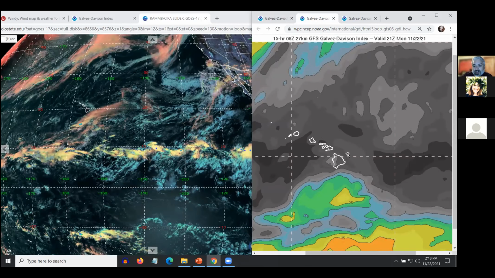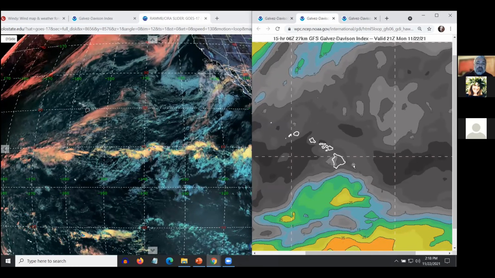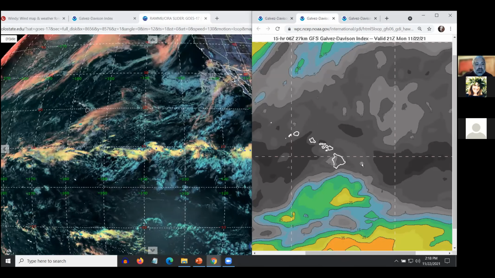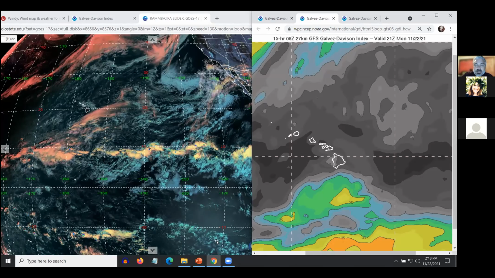You can see this area suggesting that you might have some trade wind convection, but the fact that the values of the GDI are really low suggests that you shouldn't worry much about it. You're going to get a couple of drops out of it, but it is capturing these features as well. So even in the dry season, the GDI is often good to capture this variability in trade wind convection. All right. Let me go back to the presentation.